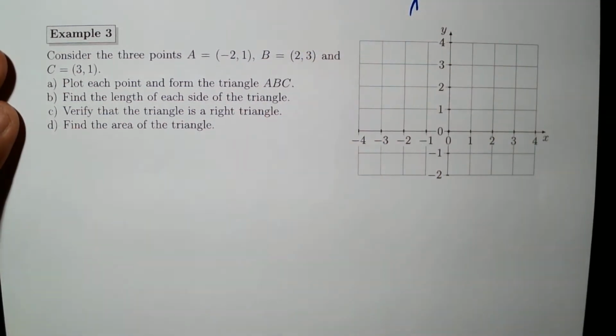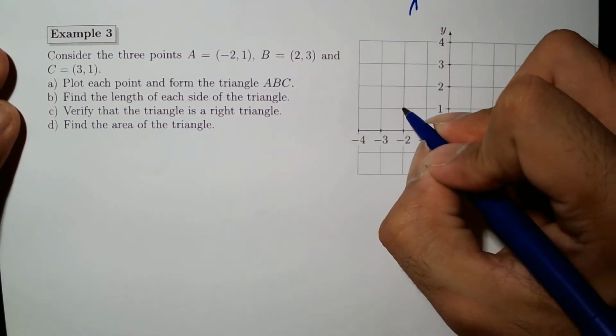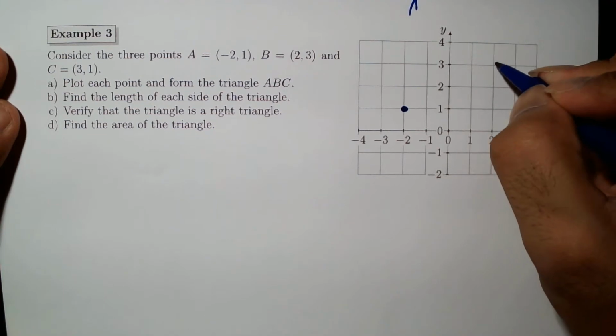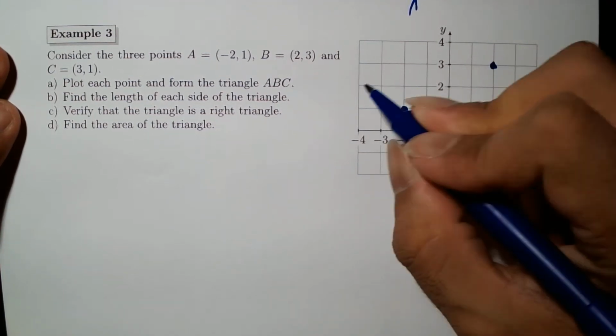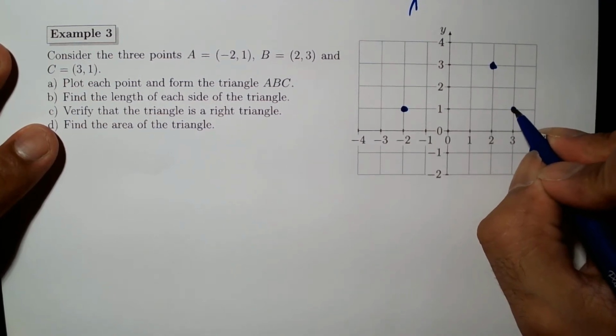I'm going to plot the point A, which is negative 2 comma 1, the point B, which is 2 comma 3, and the third point C, which is 3 comma 1.